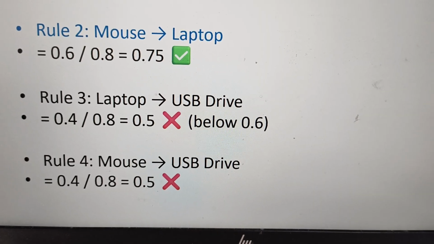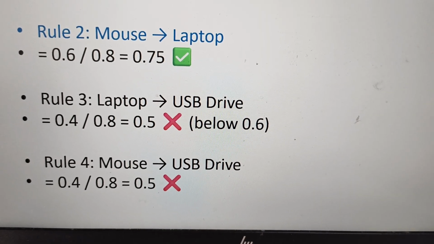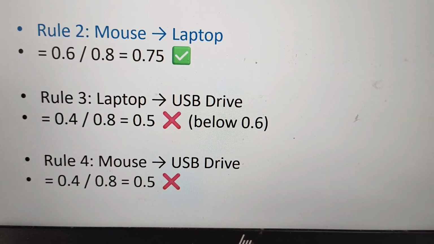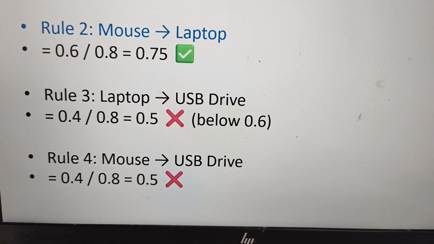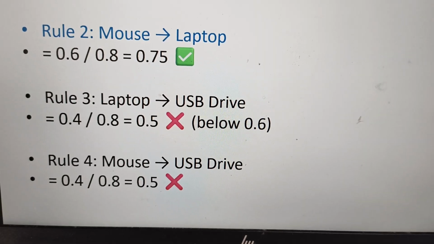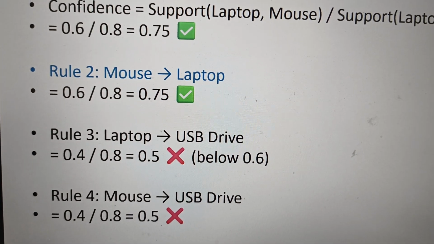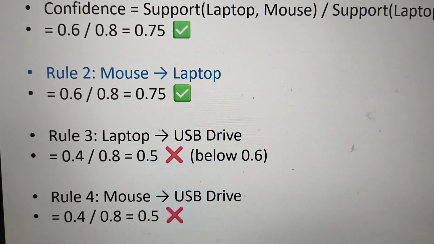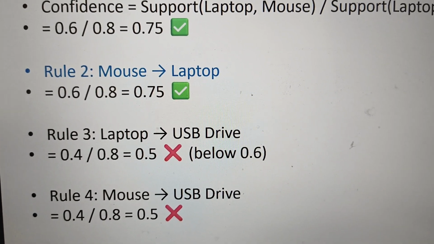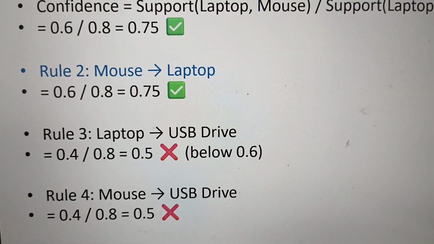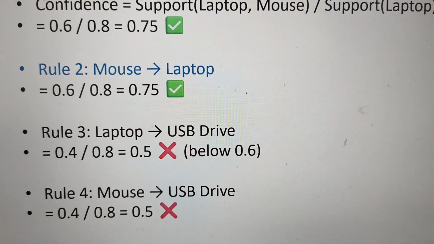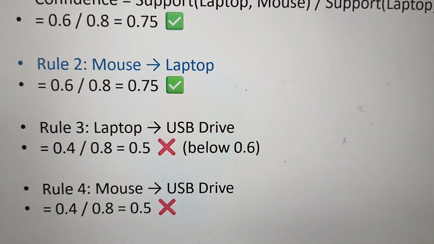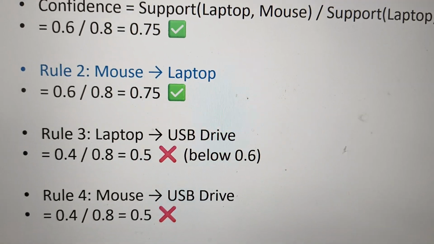So 0.4 divided by 0.8 is 0.5. Rule number 4, that is mouse to USB drive, it is 0.5. So now you can see we have calculated all the values of confidence. The minimum value of the confidence should be greater than or equal to 0.6. So we have to cancel rules number 3 and 4.